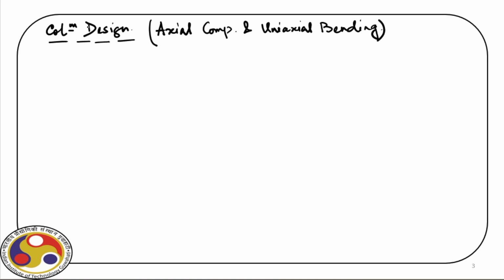Remember, in the previous week, we considered only axial compression and then we had minimum amount of eccentricity. But now let us consider if we have a column with axial compression and uniaxial bending.